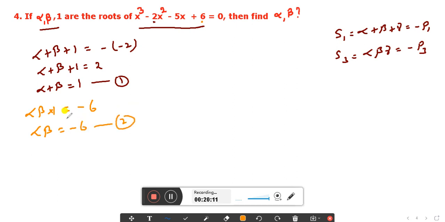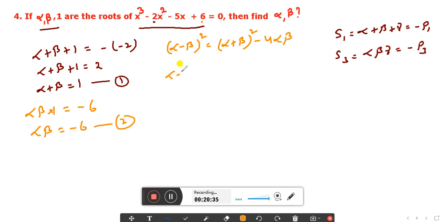From these two equations, I am going to find alpha minus beta. Alpha minus beta whole square equals to alpha plus beta whole square minus 4 alpha beta. This formula I am using here.